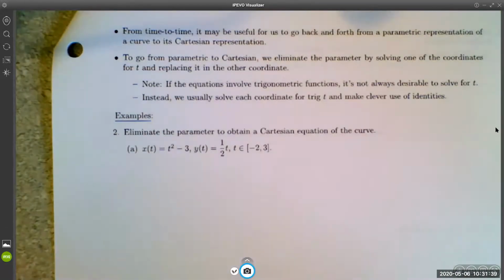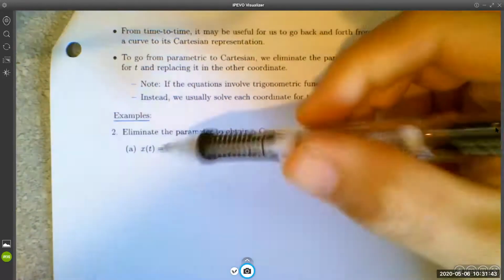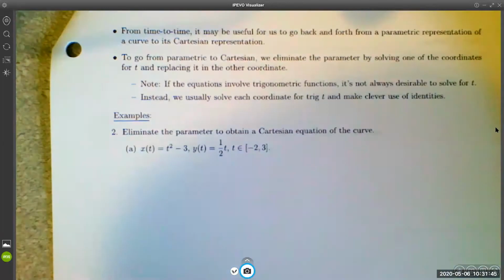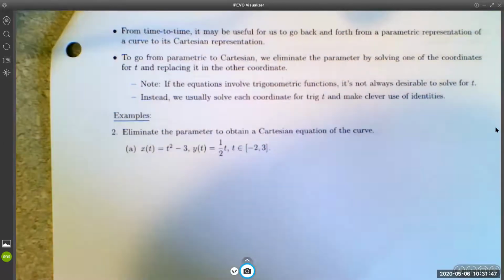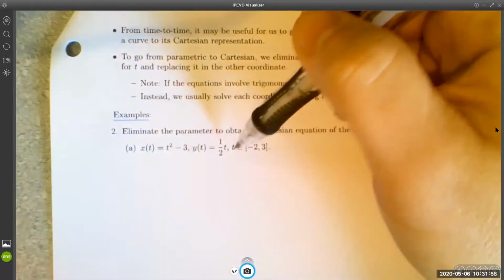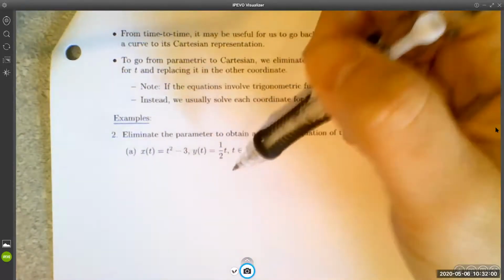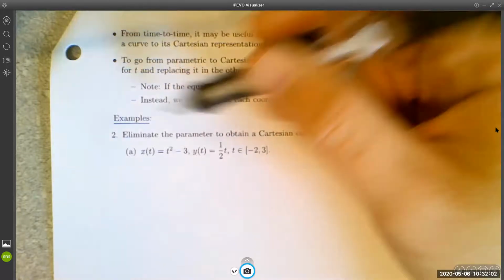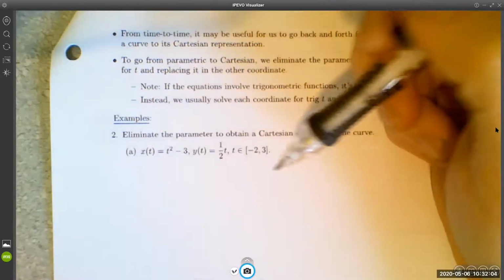So this one says eliminate the parameter to obtain a Cartesian equation of the curve, and we've got this here. Like I said, if you're dealing with something that doesn't have trig functions in it, the strategy is usually to solve one of the equations for t.